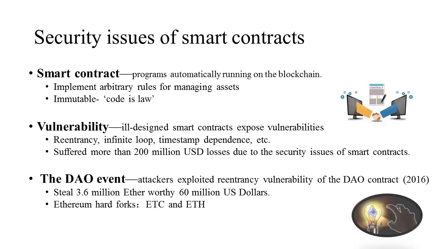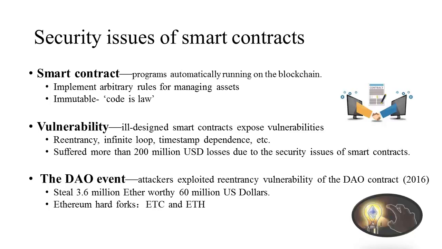There are two reasons that make smart contracts have bugs. First, the programming language of smart contracts is still new. Developers are unfamiliar with the new languages and may write code with bugs.